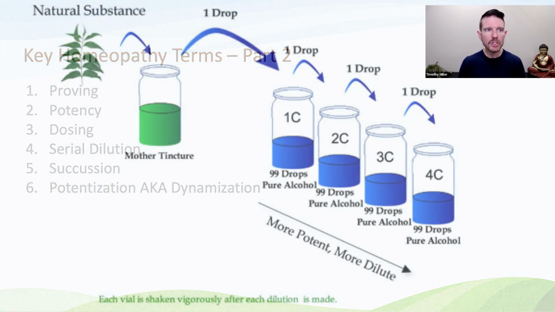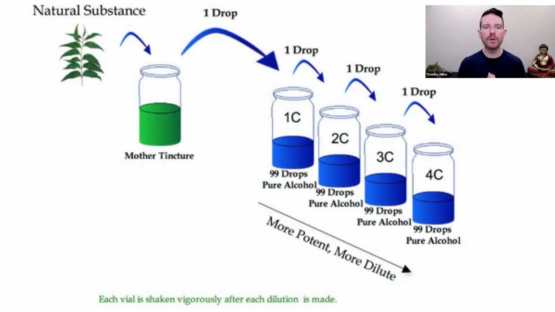Okay. So to illustrate, this is how a homeopathic remedy is made. We take our natural substance, and there are different ways of preparing it, but the example I'm going to use here is a C potency, right? And C, like the Roman numeral, is for 100.